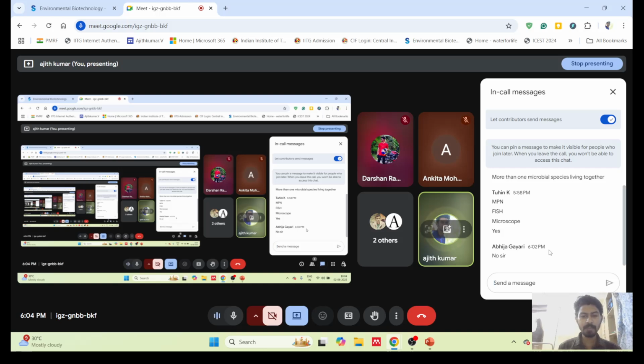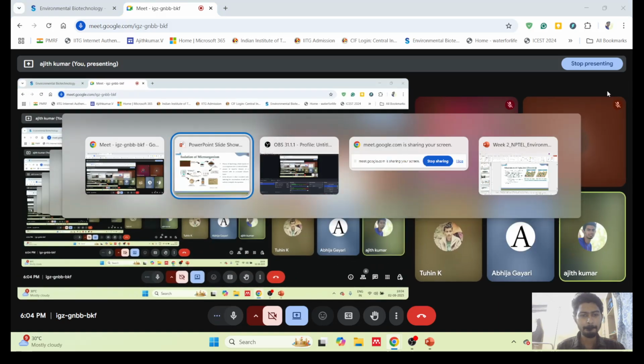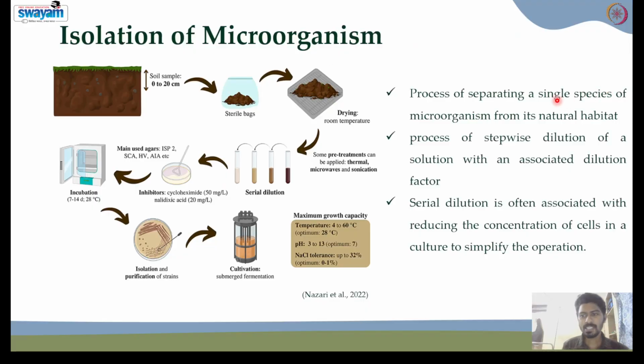Have you heard the term isolation of microorganism? Yes, Abhija. It is separating a specific or a pure microbe from a community of microbes in an environment. Correct, Abhija. So it is a process of separating a single species of microorganism from its natural habitat. So how do we achieve this isolation?